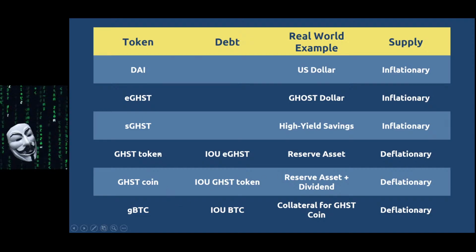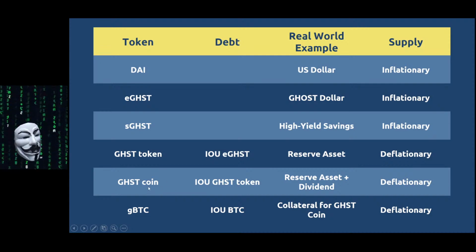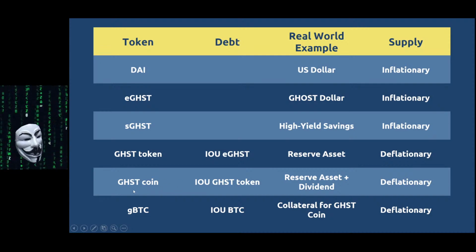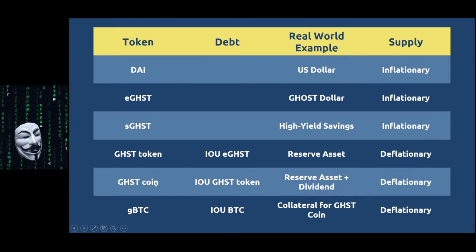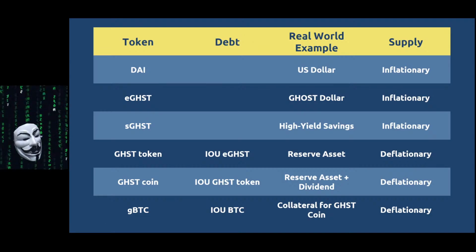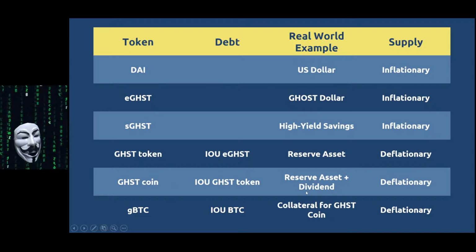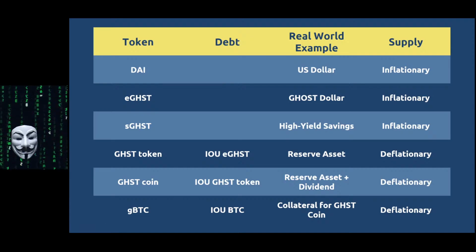However, once you bridge your Ghost token into the Ghost chain, you get your Ghost coins. Now, Ghost coins is also a reserve asset. However, you can stake your Ghost coins as a validator, or as a nominator, and receive dividend in the form of staking rewards on the Ghost chain.